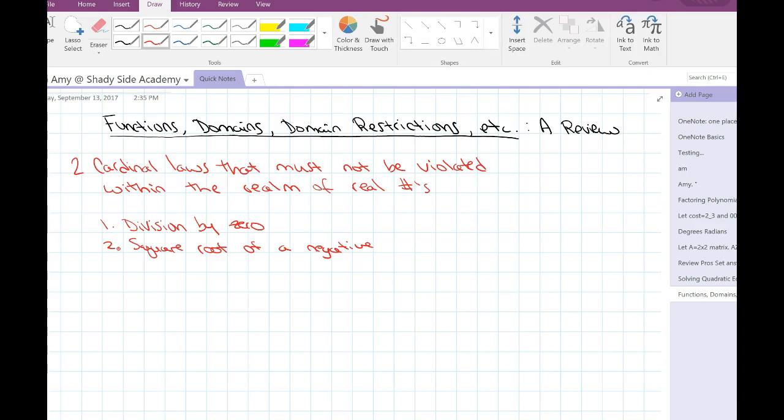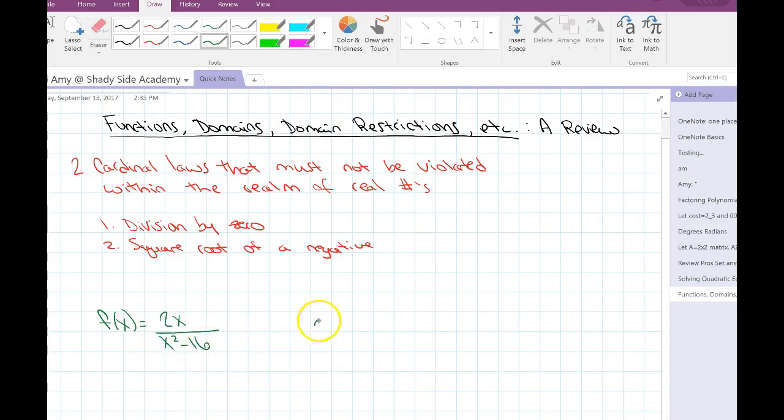All right, and if we just start with these two cardinal laws, this first exercise here is going to be fairly straightforward. So let's take a look at several functions. Let's say f of x is equal to 2x all over x squared minus 16.